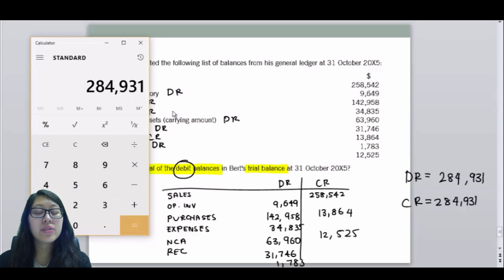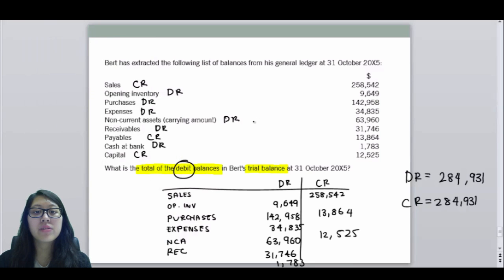So we get 284,931. 13,531. And if we add the credit side, also 13,864 and 12,525, we should also get the same figure. So that confirms it, our trial balance balances, and we know the debits are as follows.